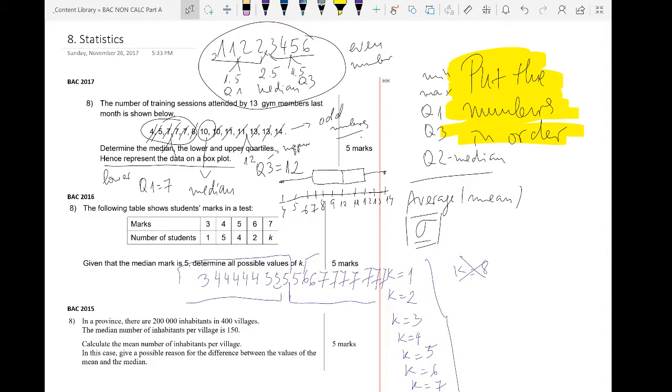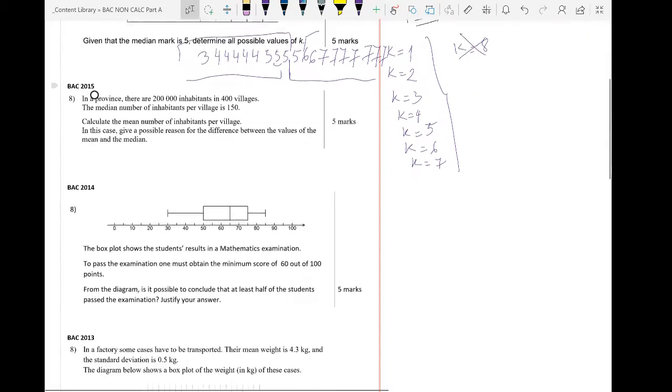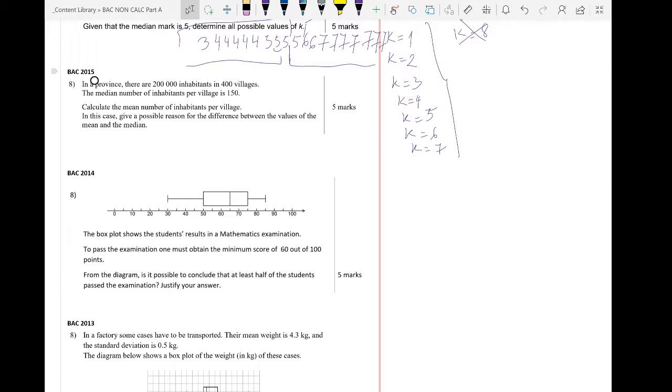The median shows us the number that half of the students are less than and half of the students are more than. In this case, the box plot shows that here the median is 65. So half of the students are more than 65, half of the students are less than 65.